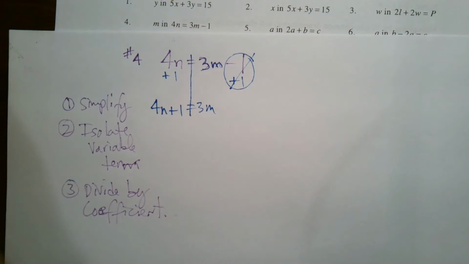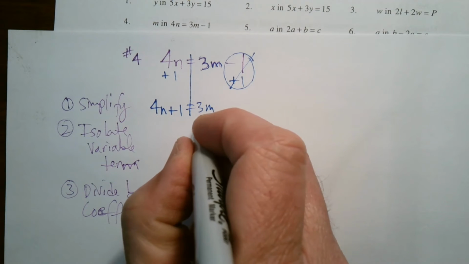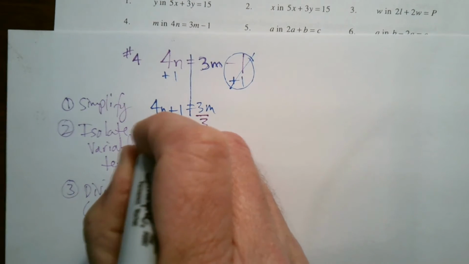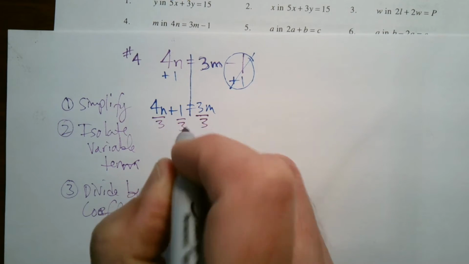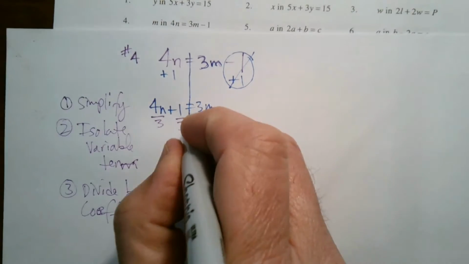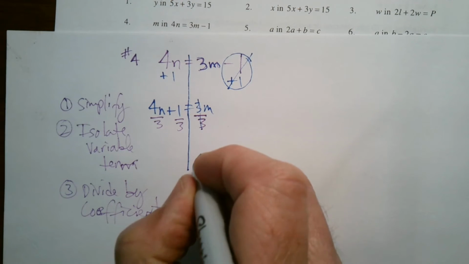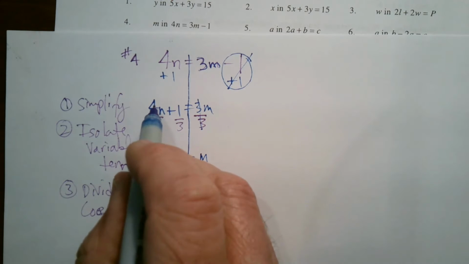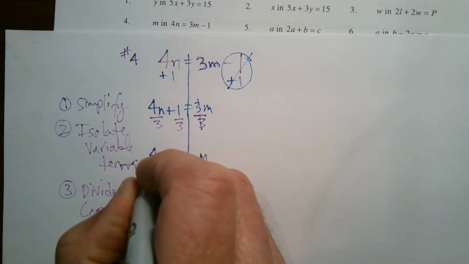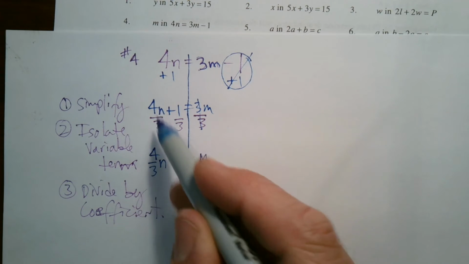Now divide by the coefficient. The coefficient of m is 3, so I divide each term individually by 3. Now I've got m by itself. 4n divided by 3 doesn't divide evenly, so I write it as a fraction, 4 over 3 n. That's my new coefficient.